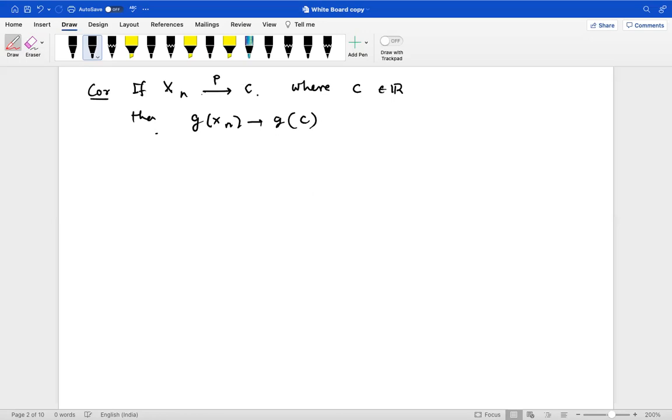You can take a constant as a random variable degenerate at c, with g being a continuous function.